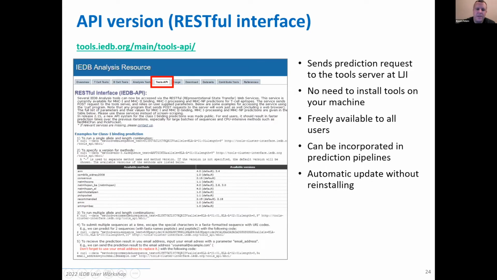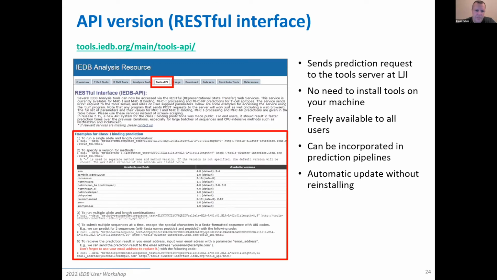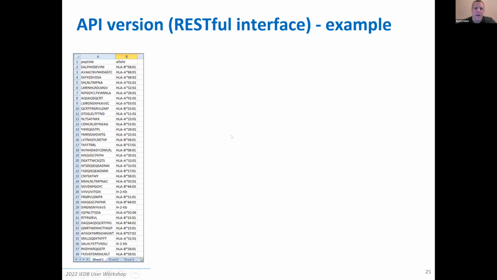And the idea here is also that as tools change over time, you don't need to go and reinstall and troubleshoot the local installation, but you can benefit from updates that are happening on our server, and they essentially just become available, in terms of, say, new strings you can use to select new versions of tools. Yeah, this is how the API version can be used.